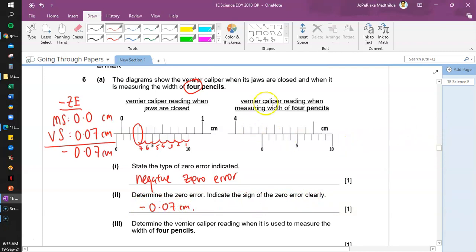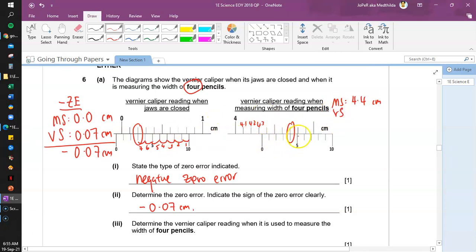Now, next one, this is when I have the 4 pencils. This is the measurement of the 4 pencils, which includes zero error still. Let's find the main scale reading: 4.1, 4.2, 4.3, but it hasn't crossed 4.4 yet. Therefore, the main scale reading is 4.3 cm. In terms of the vernier scale, the line that matches is here.